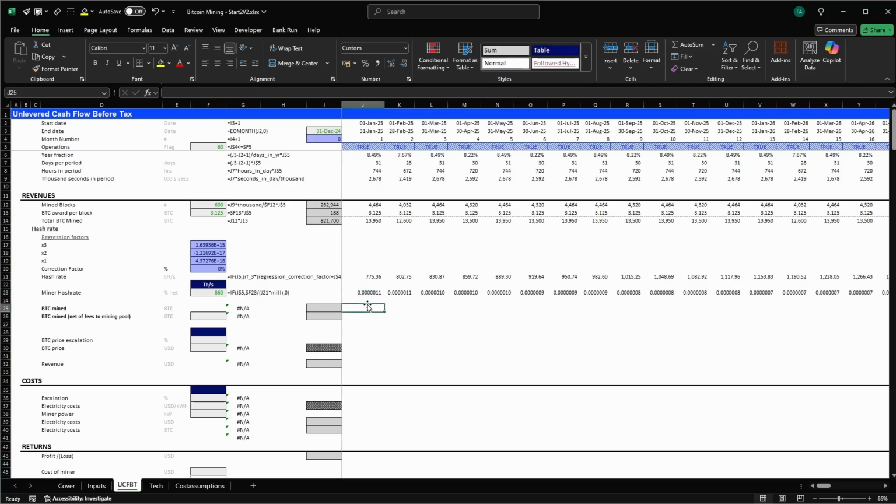Now we're going to see how much we are going to mine. In total, the network gave us almost 14,000, but we only own this percentage of the network. So that's the amount we're going to be able to mine in this particular given month.